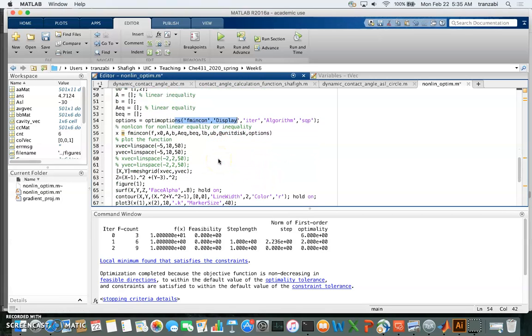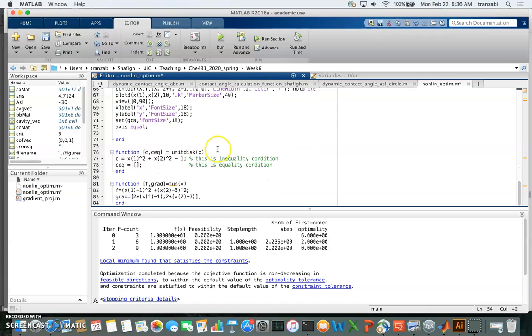So let's go down and see what this unit disk is. Unit disk is a function that I wrote. It takes the x values, in other words x1 and x2, and then it calculates whether the point x1 and x2 is inside or outside a circle.